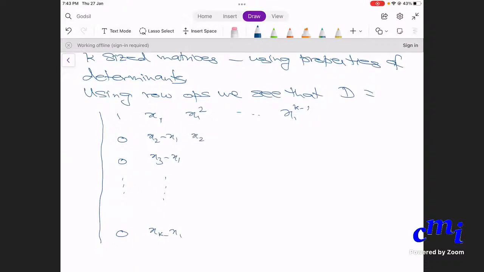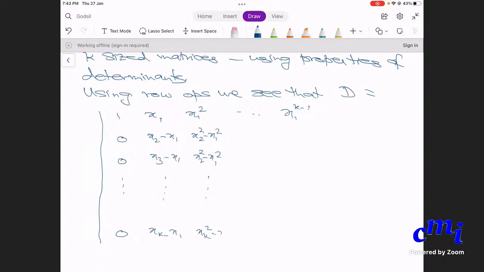Then you have x2 squared minus x1 squared, x3 squared minus x1 squared, up to xk squared minus x1 squared, and so on and so forth.